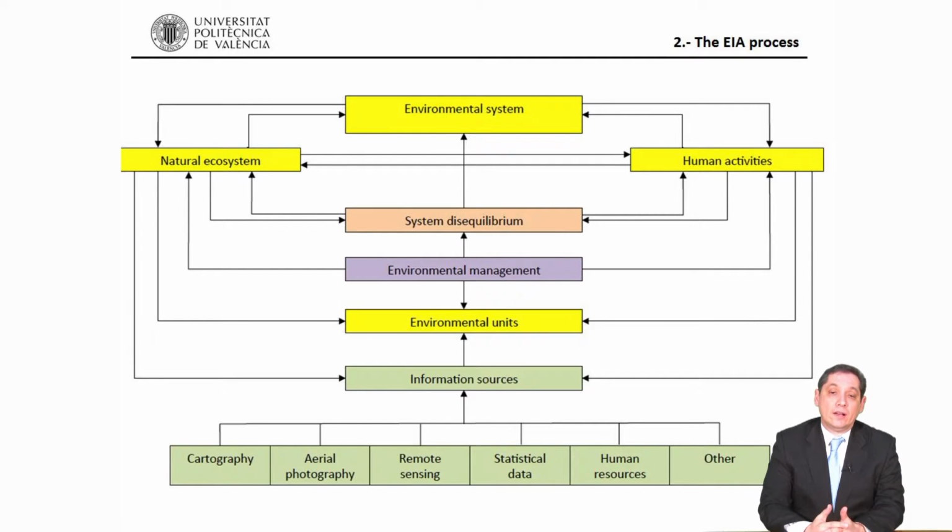We can divide the environment, therefore, into many different units which we will be able to understand following different information sources. All this information comes from different scientific areas, like cartography, aerial photography, remote sensing, statistical data, human resources, chemical analysis, and many others.